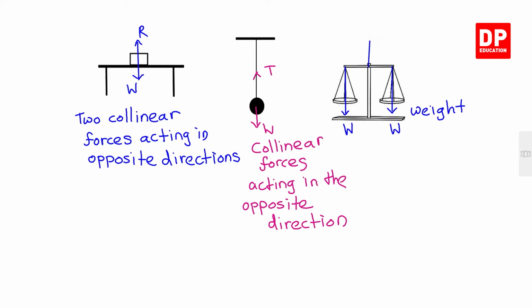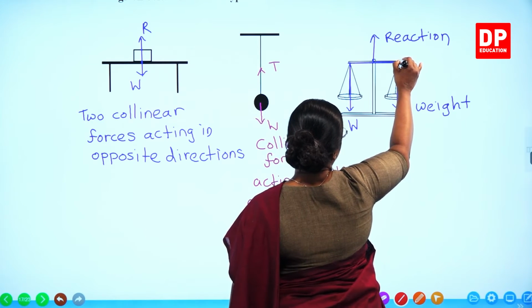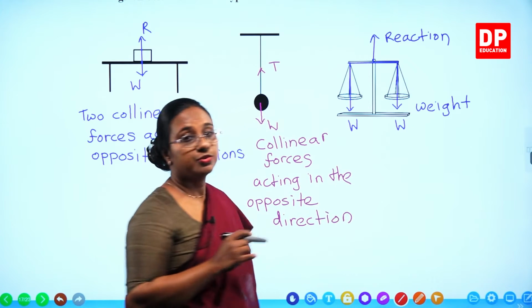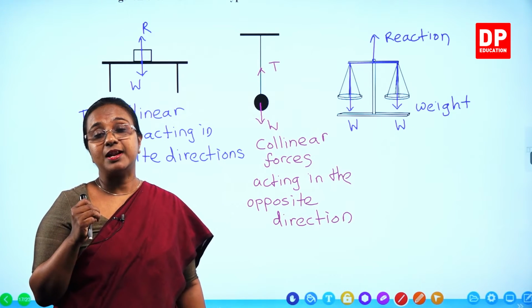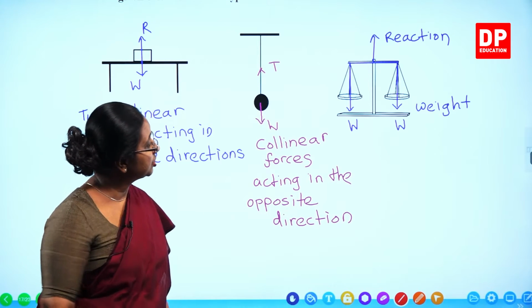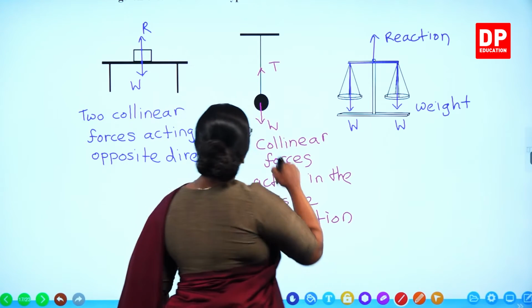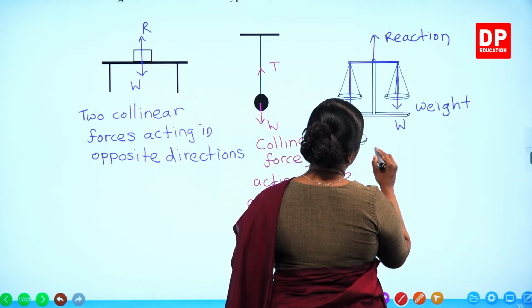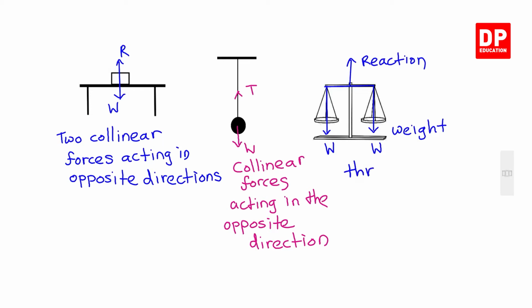There will be a reaction acting upwards. And they will be connected along this rod. So those are three coplanar parallel forces giving rise to the equilibrium. So the type of the forces: three coplanar parallel forces.